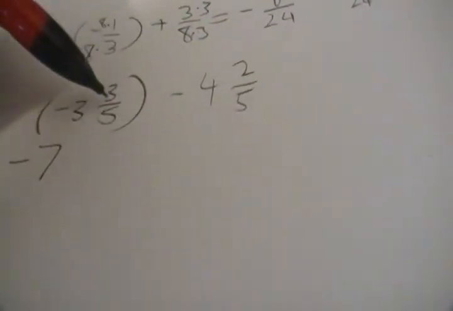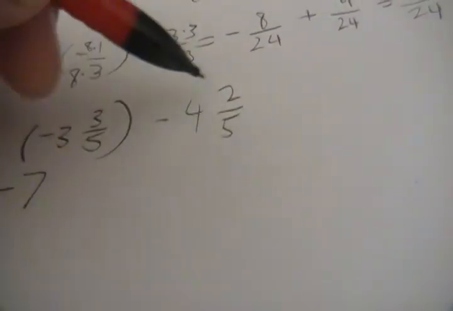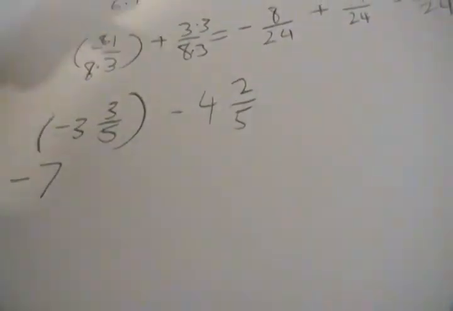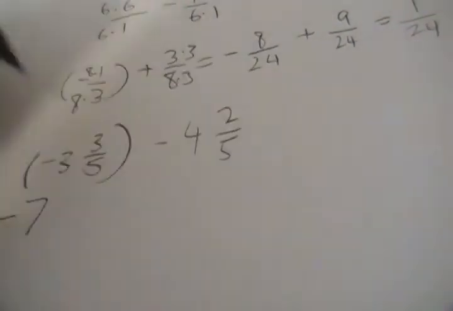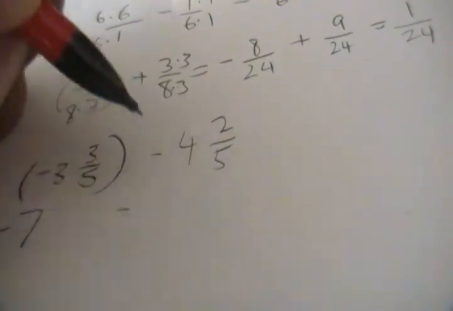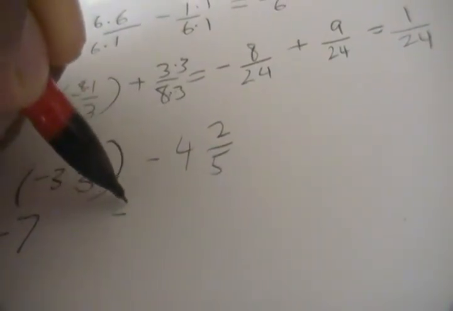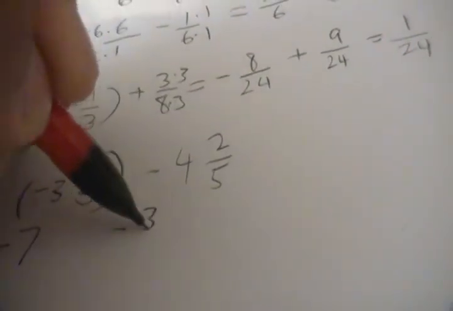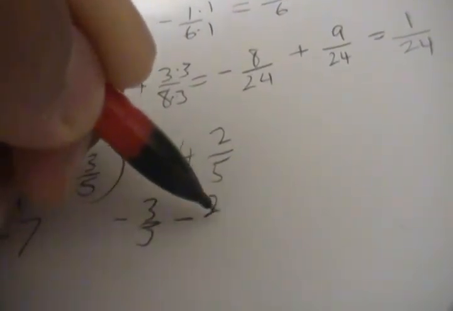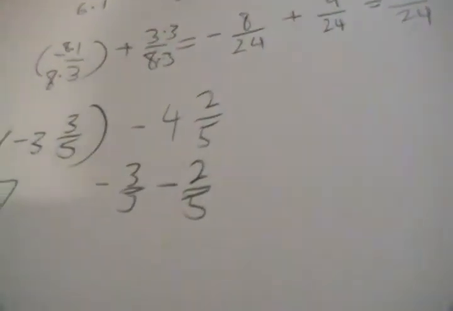Right? Okay, now let's add the 3/5 and 2/5. Now again, they're both negative numbers, right? So it's going to be negative 3/5 minus 2/5. Okay, so let's add those.